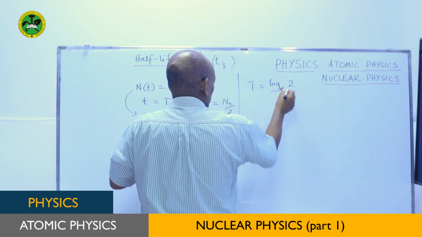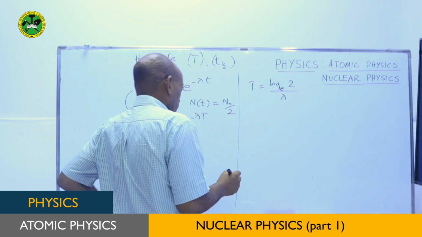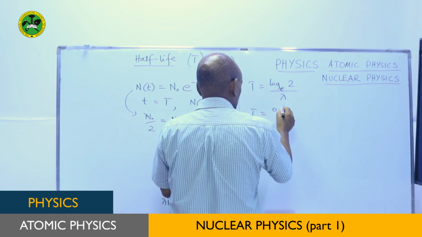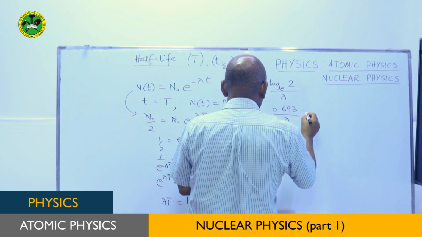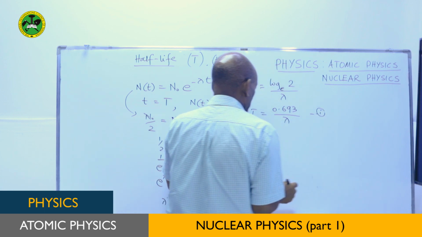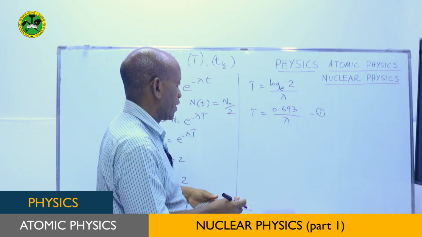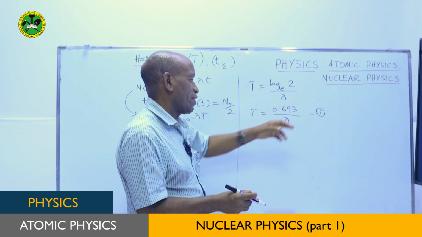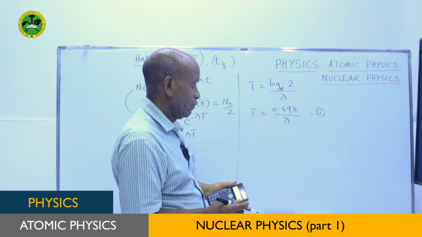And therefore we could compute the ln 2, whereby the half-life will be equal to 0.693 over lambda. So we have that particular expression, which is really very, very important. It shows that the half-life of a radioactive sample is equal to 0.693 over lambda.